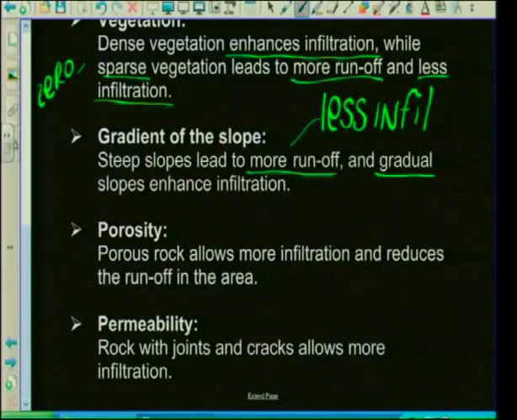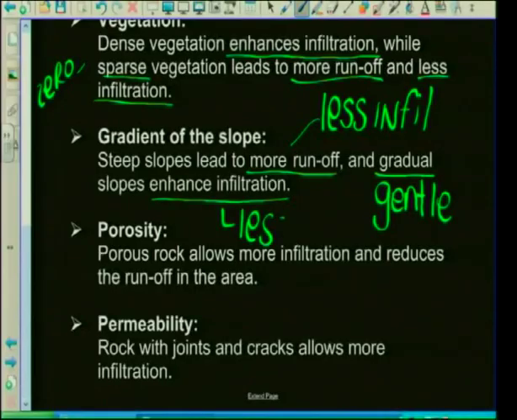And gradual slopes, another name for gradual grade 12s, we refer to gentle slopes. Okay, gentle slopes enhance infiltration, which means then that there is less runoff. Okay, so if we're encouraging the water to sink below the Earth's surface, therefore there will be less runoff on top of the Earth's surface.